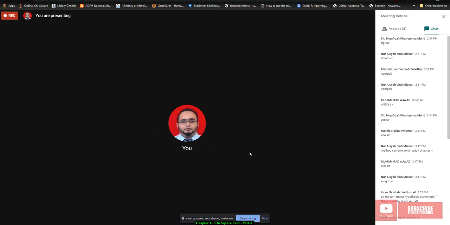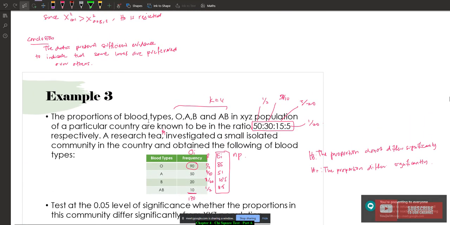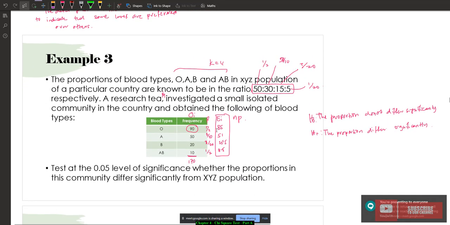Someone asked: if the probability is not equal, how do we write the hypothesis? Here the probabilities are not equal. So our hypothesis is written here: we want to know whether the proportions in the community differ significantly.